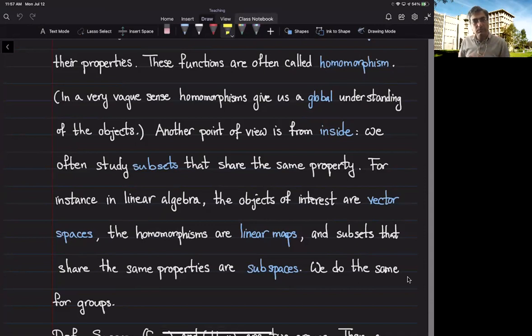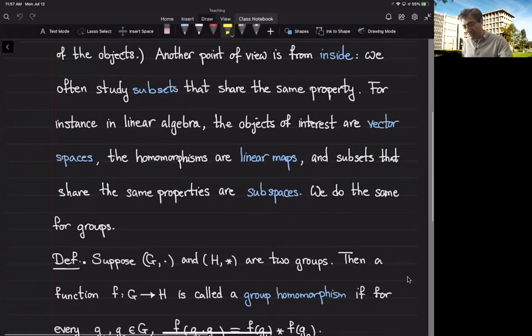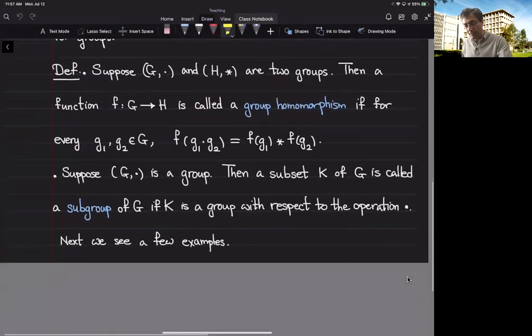So both of these points of view are crucial, and they help each other, of course. The whole thing is supposed to be a tool for us to get a better understanding of the object that we have in hand.